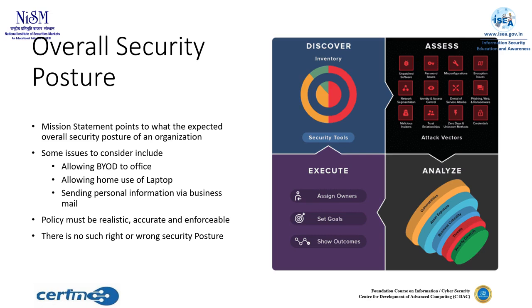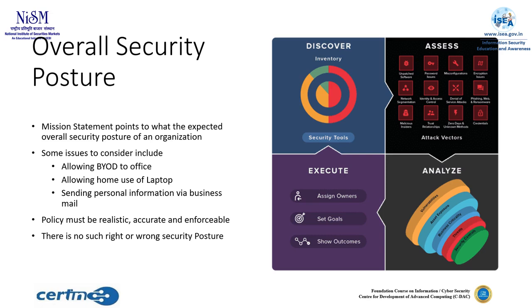Some issues need to be considered as part of this overall security policy. For example, BYOD, which is basically bring your own device to office. In that case, you need to assess what kind of information can be leaked through BYOD devices. Because you are allowing your official laptop at home, there could be security breaches, and we need to decide what security controls to use.